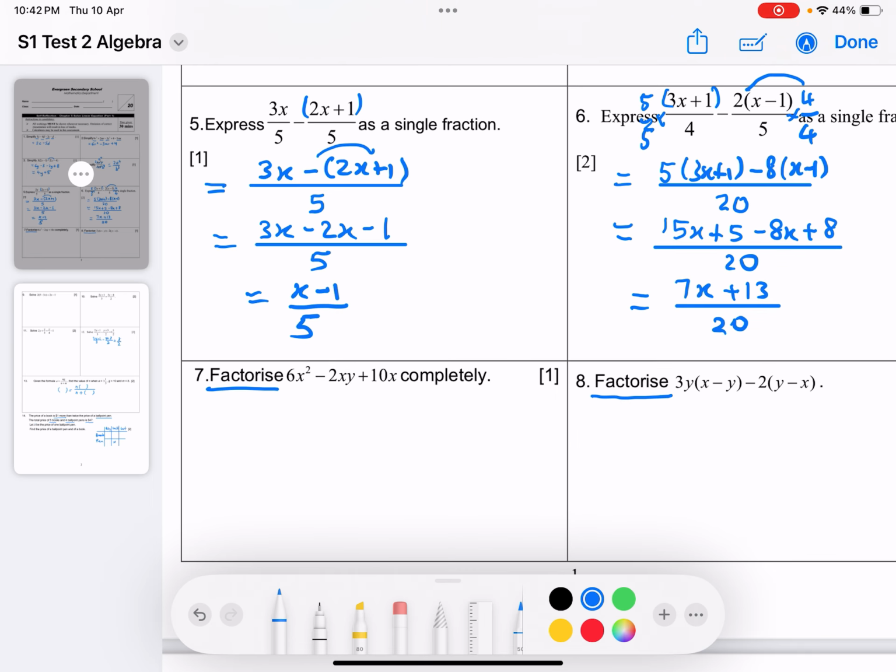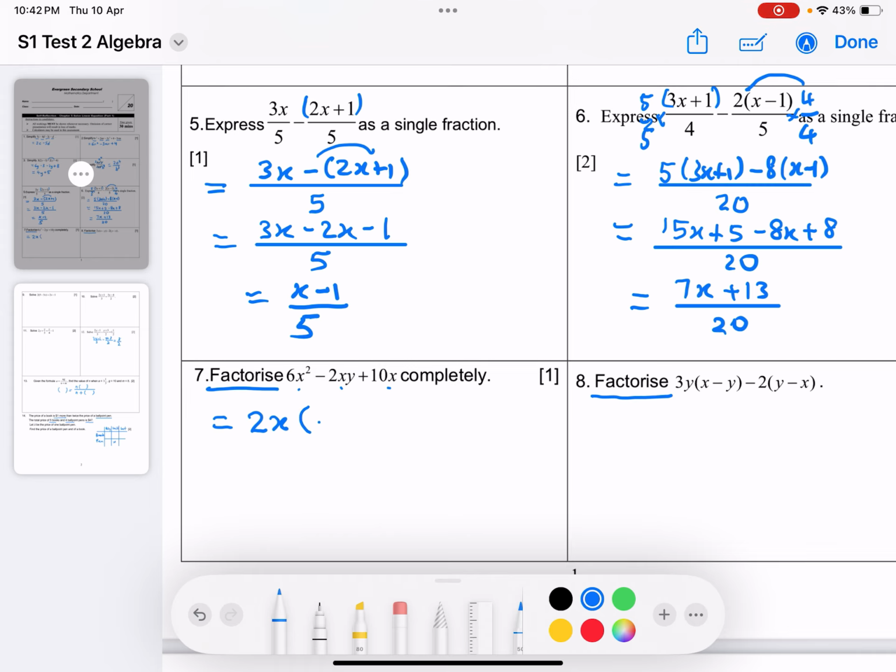In number 7, we need to factorize. Factorize means our answer must be in bracketed form. So what we do is bring out the common factor. Looking at the numbers, the common factor is the one with the smallest number, that is 2. So 2 is common because 6 has 2, 10 also has 2. Next, the term in x is common, so we bring out the lower power of x.